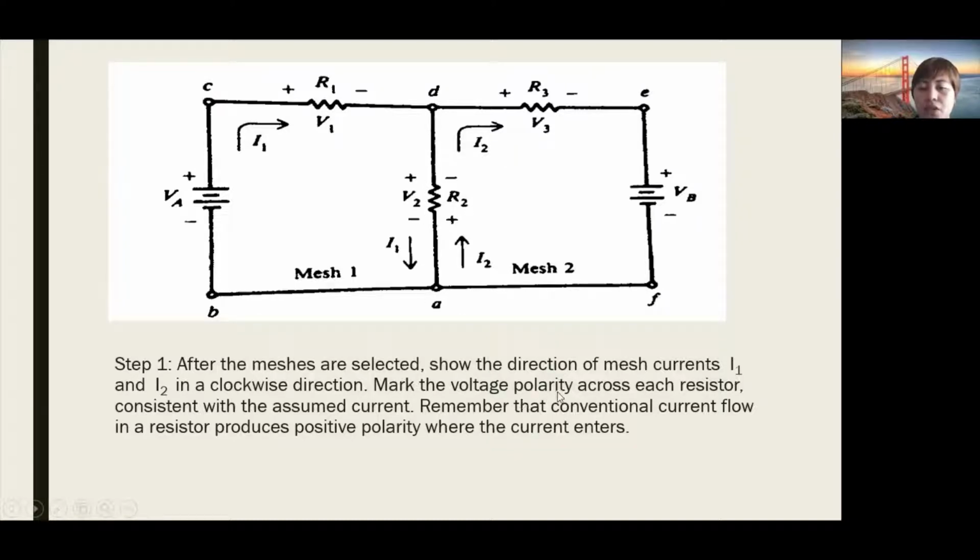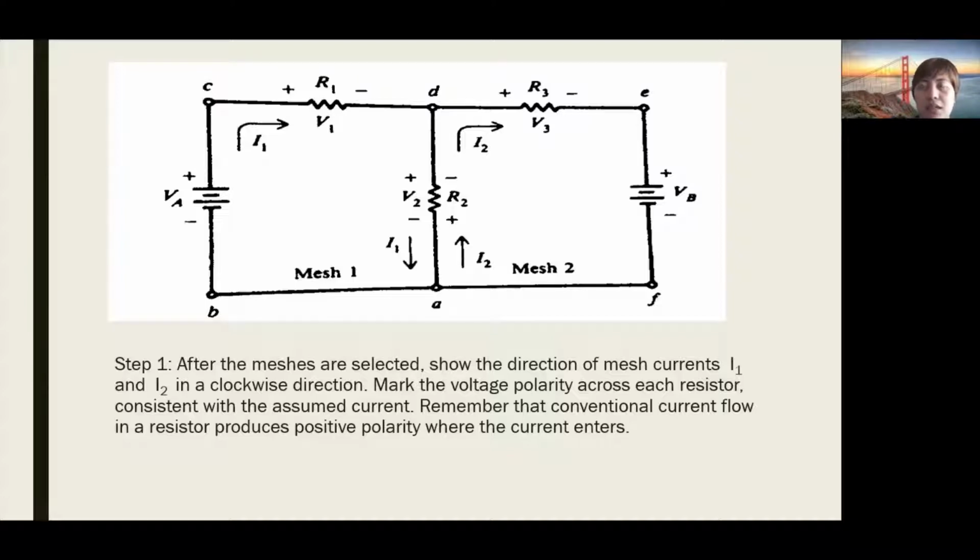Mark the voltage polarity across each resistor consistent with the assumed current. Remember that conventional current flow in a resistor produces positive polarity where the current enters.